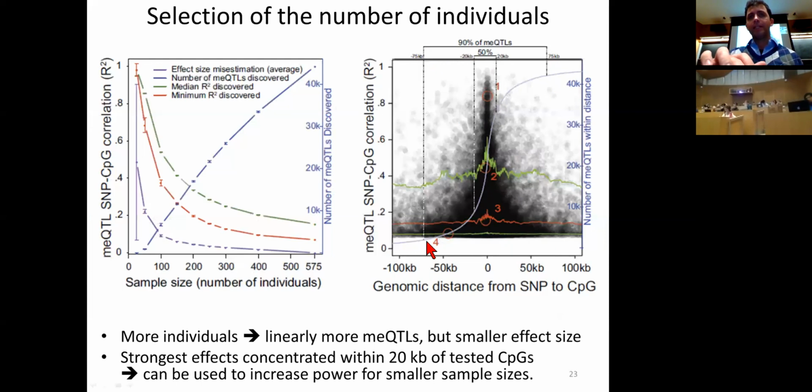Here you see that 90% of my meQTLs lie within 75 kb of the CpG that they control, and 50% of meQTLs lie within the first 10 kb of the CpG that they control. So that means that if I want to increase my power, I can simply ignore all the faraway guys, and then I have many fewer hypotheses that I'm testing.